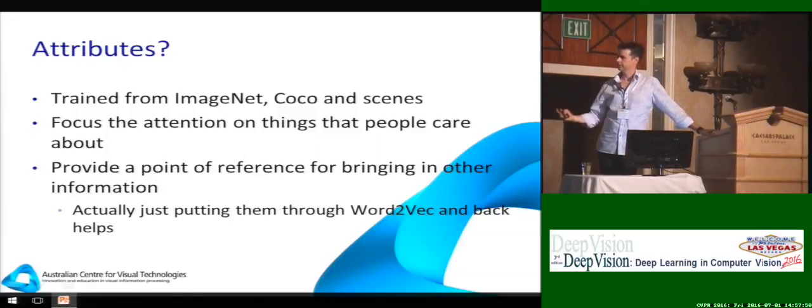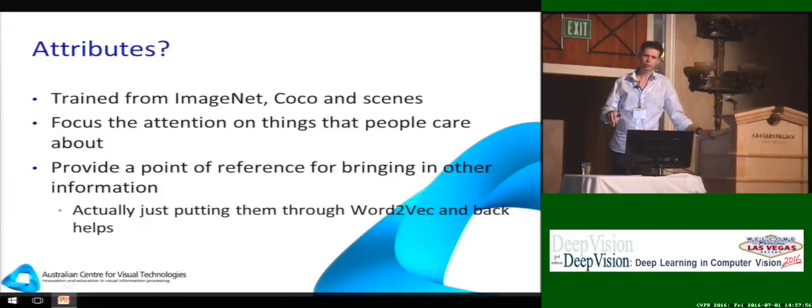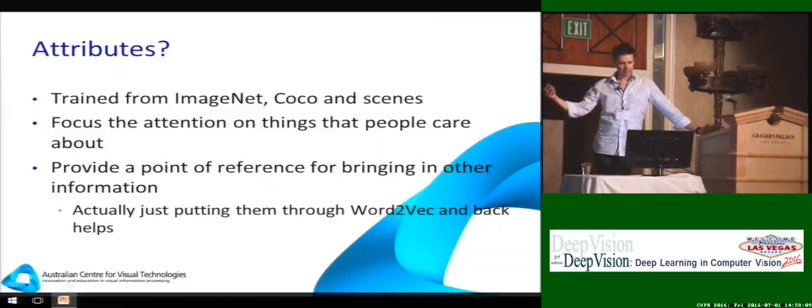There are a bunch of things that humans are interested in. They're concrete concepts, the kinds of things that humans care about when they look at that image. So you're bringing in more information to this process, and it adds a lot of value. Even at that point of just bringing these attributes in, you're adding a lot of value.